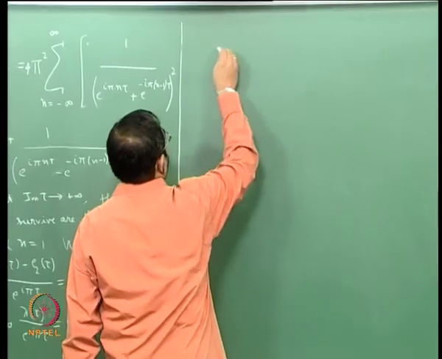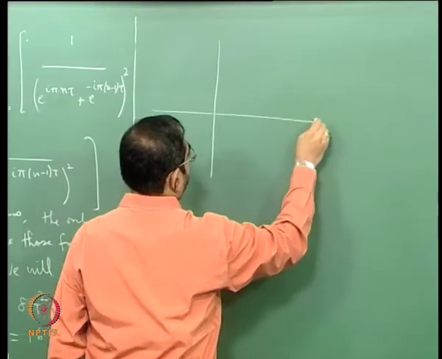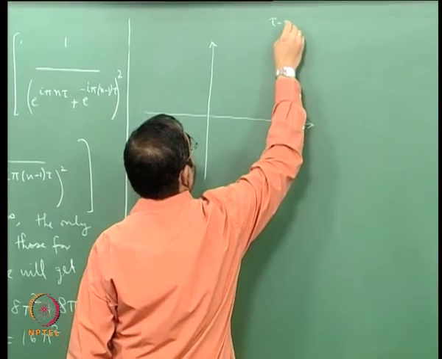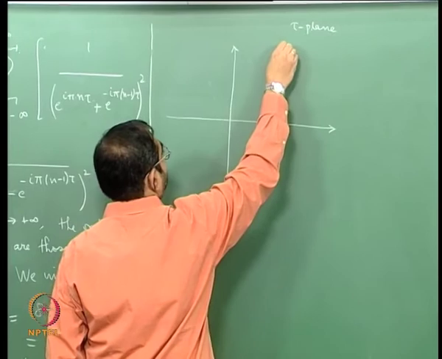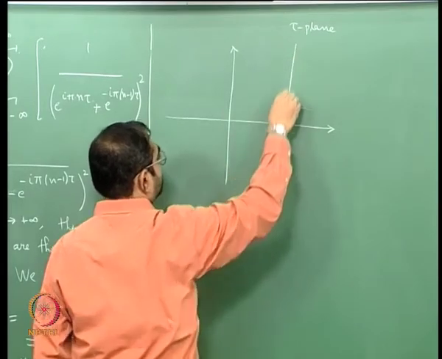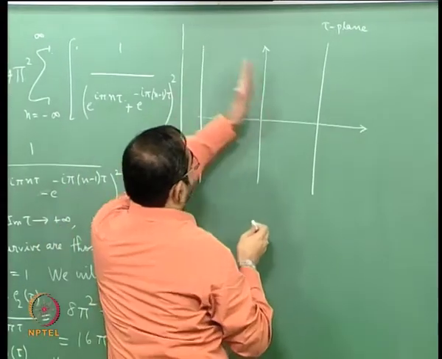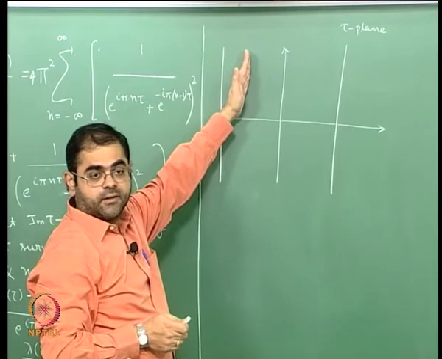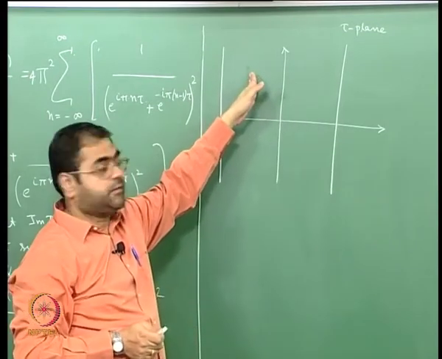So we take again the tau plane, and again we take these two lines. So let me draw them a little big. So now I am also considering the part of the region that is the reflection about the imaginary axis of the region omega.